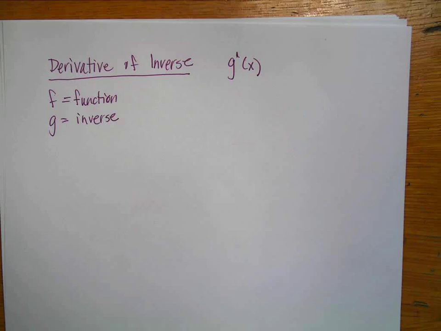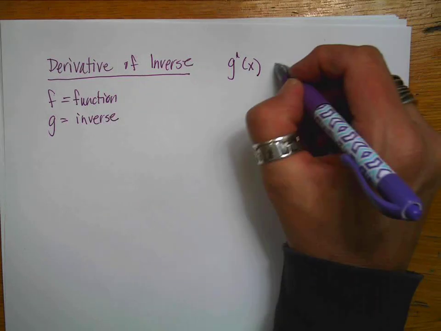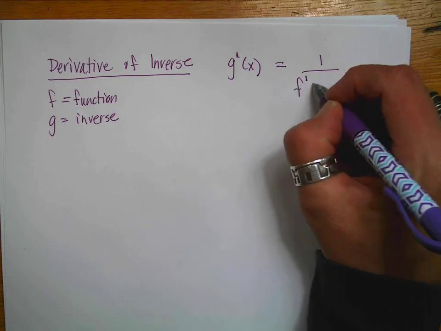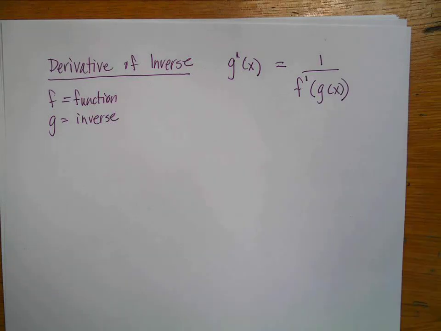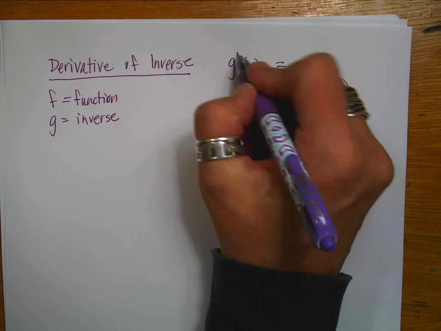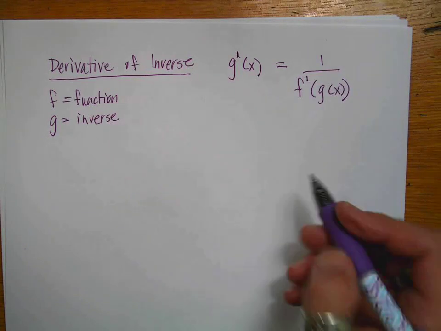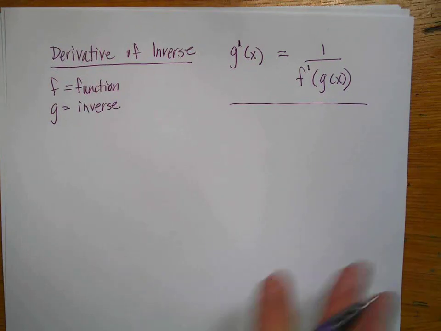So you always want to make sure over the course of the problem, but the standard notation would be that this is the inverse. That's going to equal 1 over the derivative of the original function evaluated at the inverse. Okay? So remember, f is the function and g is the inverse. These problems look complicated, but they're really very simple if you remember the format.